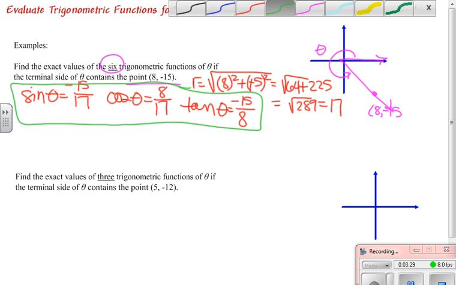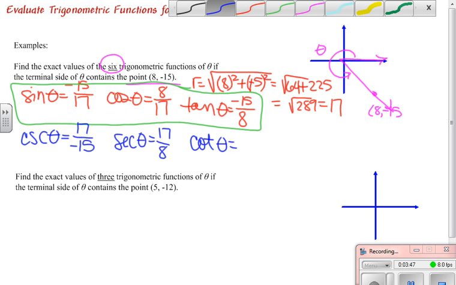Once you have those 4, then the cosecant of theta is simply the reciprocal of sine, 17 over negative 15. Cosine becomes secant, which is 17 over 8, and tangent becomes cotangent, which is 8 over negative 15.